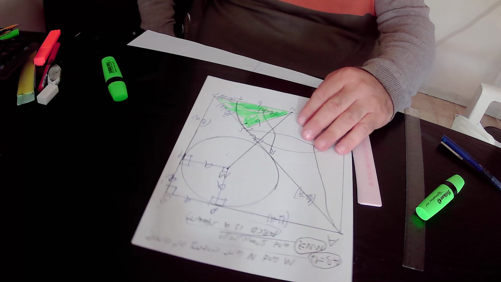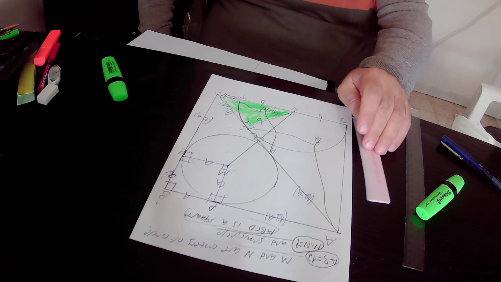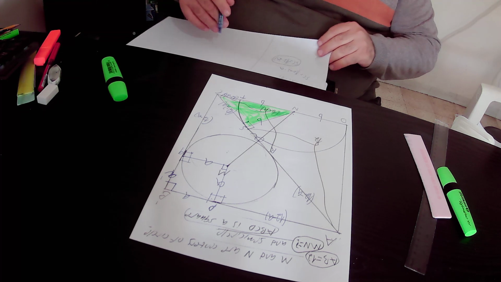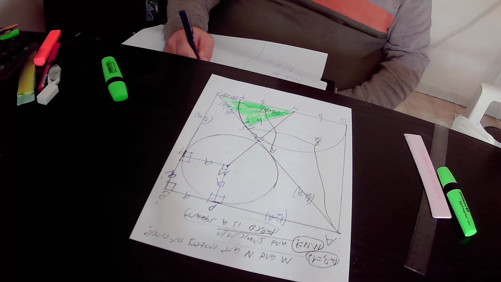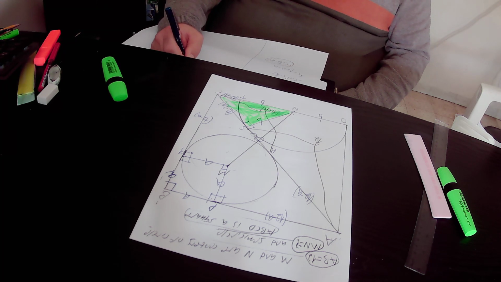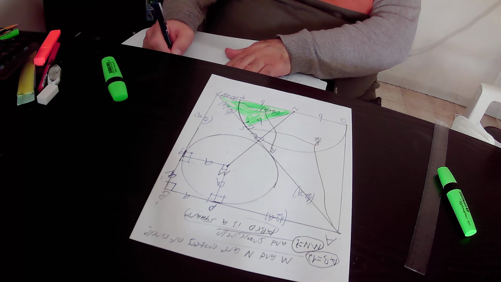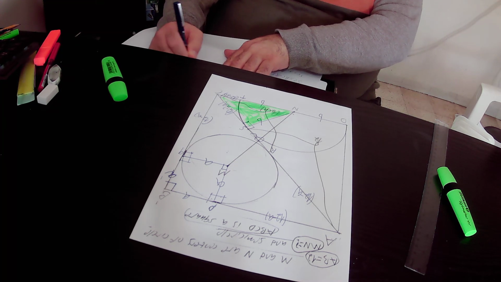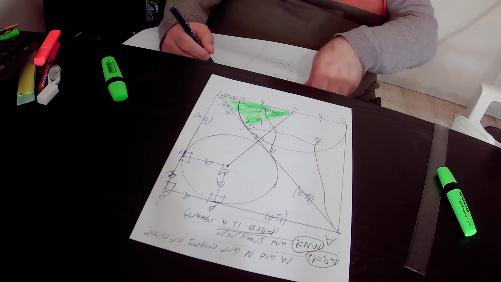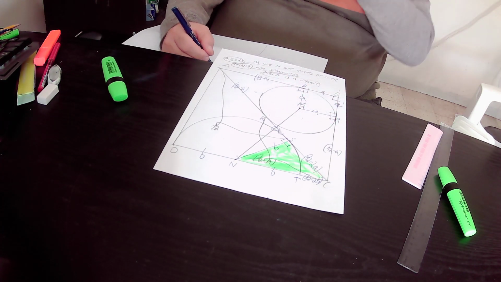So we will implement the Pythagoras theorem on the right triangle, triangle NSC. According to the Pythagoras theorem, the square of the hypotenuse equals the sum of the squares of the perpendiculars.